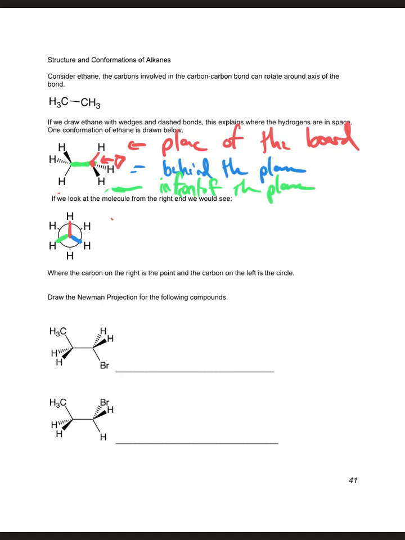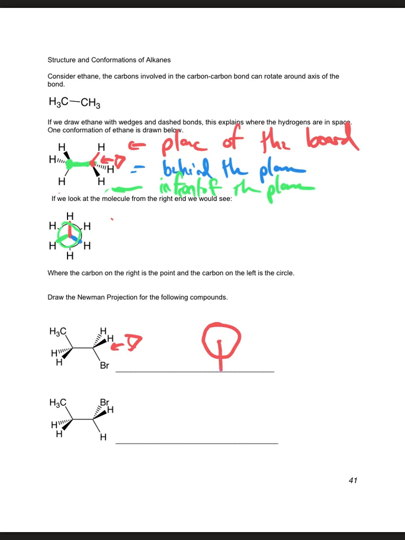Now, this carbon back here, the green one, is the circle. It's the carbon in back. So the carbon in front is the dot in the middle of the circle, and the carbon in back is the circle when we draw things like this. Okay. Now, if we were to think about this molecule, we could put our little eyeball right here and draw the Newman projection for what we see. So we start with a circle with the dot in it.